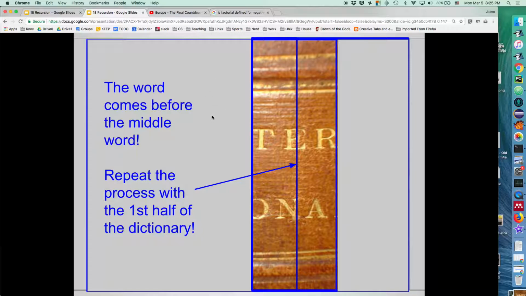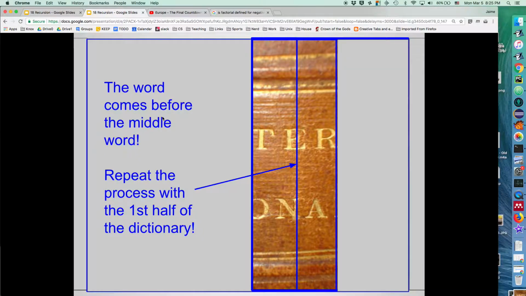Well, it's about 20. It's not exactly 20. It might be 21 or 22 depending on your implementation. But it's going to be about 20. 20 cuts is a heck of a lot better than having to look through 1,000,000 words. So there's the power of cutting things in half. This recursive algorithm is super efficient for this kind of thing.